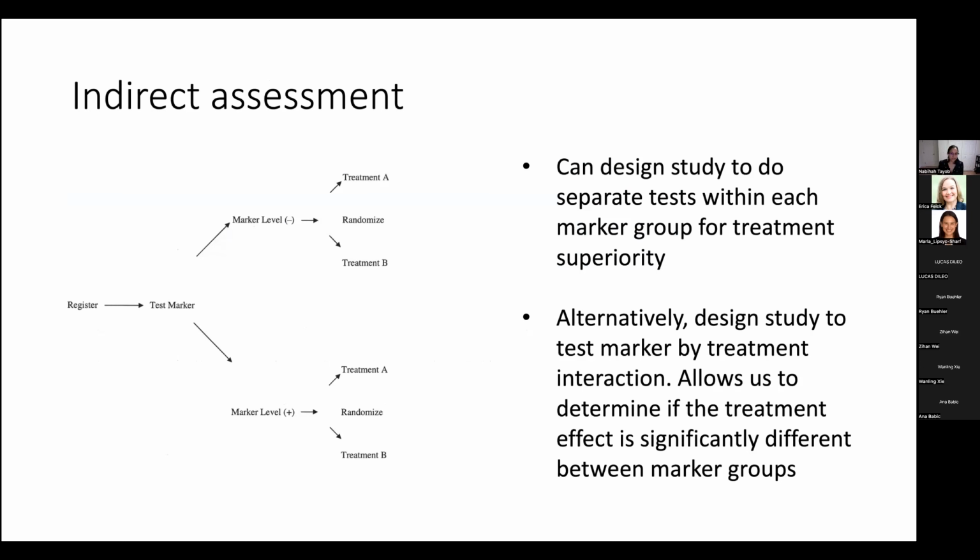So one way we can design these studies is to do an indirect assessment. Here we register patients, we test the biomarker, but within each marker level, negative and positive, you still just randomize patients to either treatment A or treatment B. The way we can then evaluate the study at the end is that you can design the study to do separate tests within each marker group.